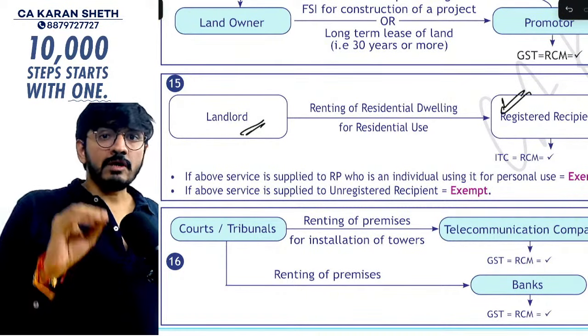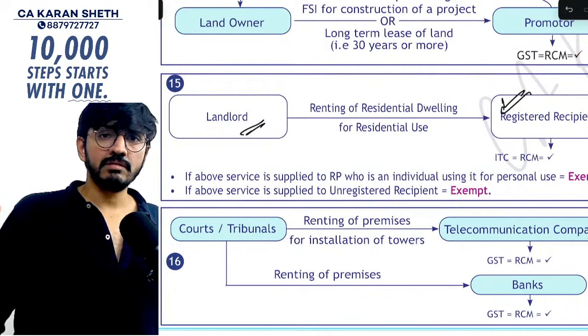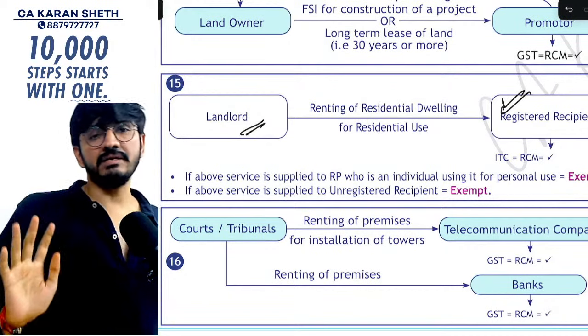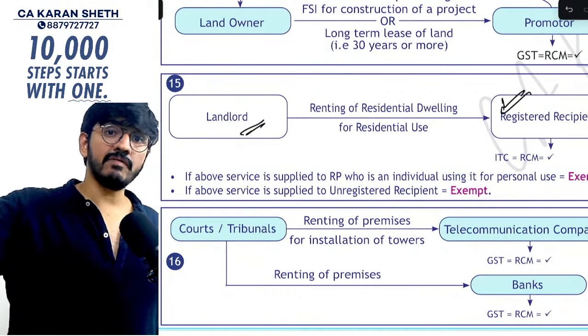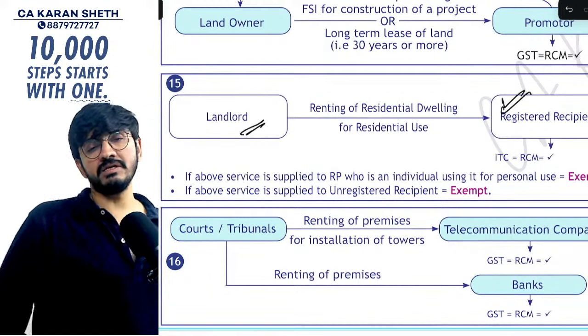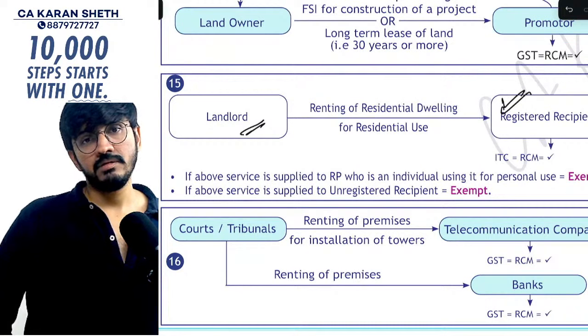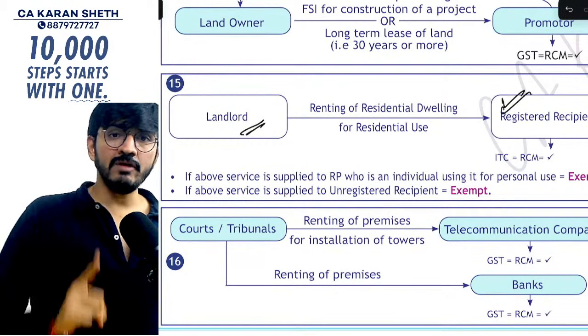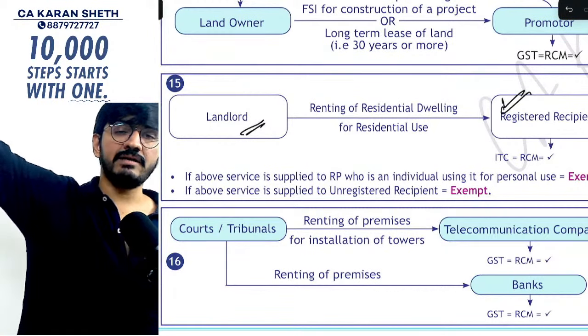So you focus on who is the registered person. Individual, personal use, exempt. Big corporates, RCM. But what if the recipient is himself or herself unregistered? Very simple. In that case, it is again exempt. The government only wants to harass those big corporates who take these big flats on rent.